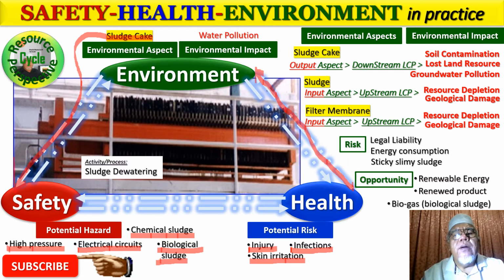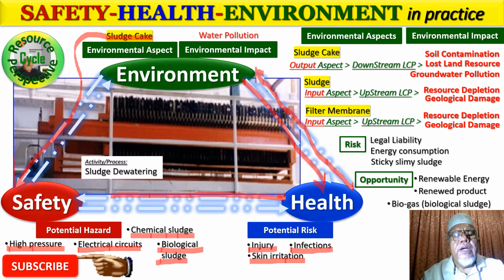And in reverse, the sludge cake can also affect health. As far as infection is concerned, it can cause health problems, and our friend may have some severe skin irritation due to contact with sludge, especially biological sludge, and that may cause a problem.